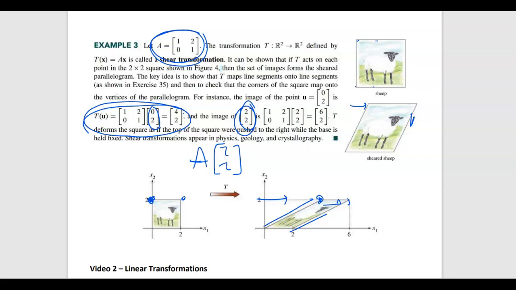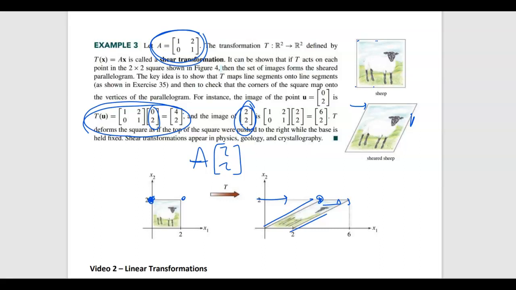So the point 0, 2 moves over to 4, 2. And so you can see it just moves that piece over that way.